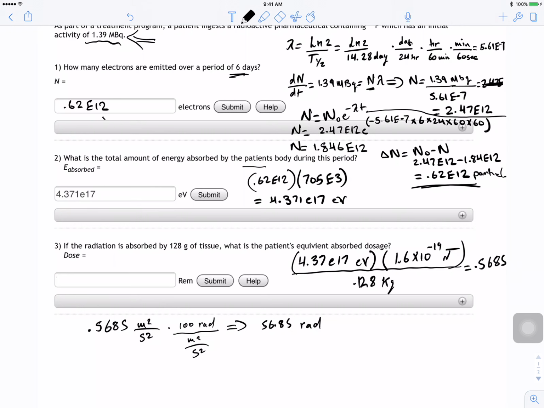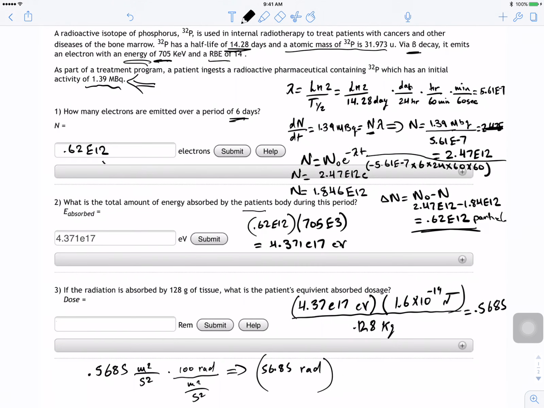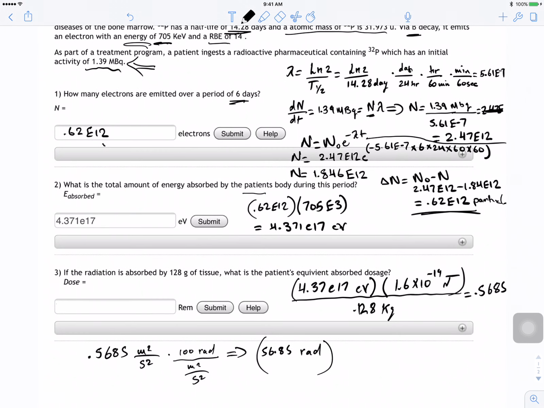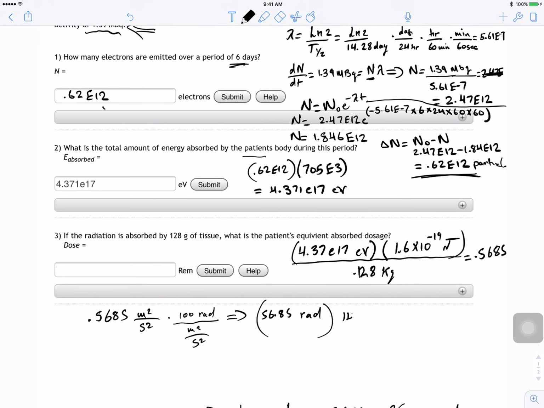Then we just multiply it by the RBE. Mine was 14, so multiply by 14, which is going to be equal to 764.5 rem. So that's the answer for this, 764 rem.